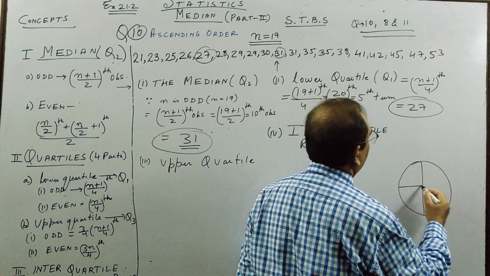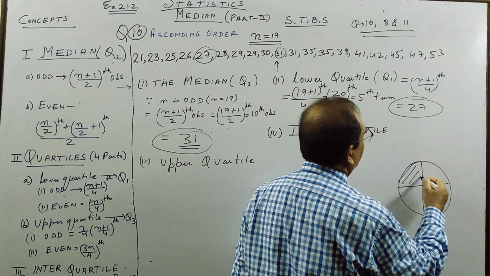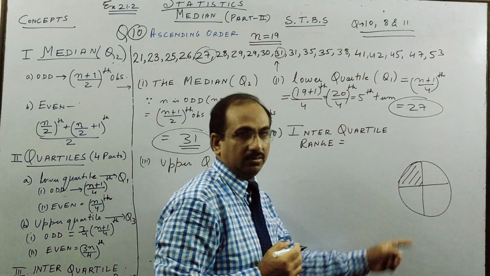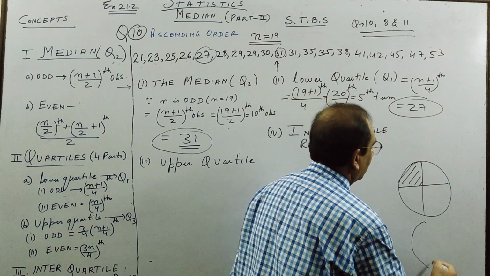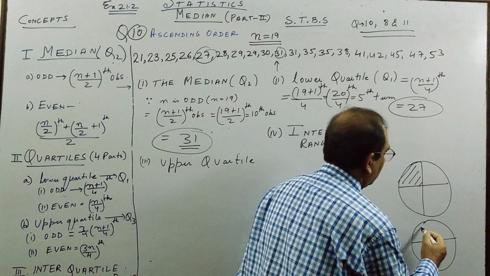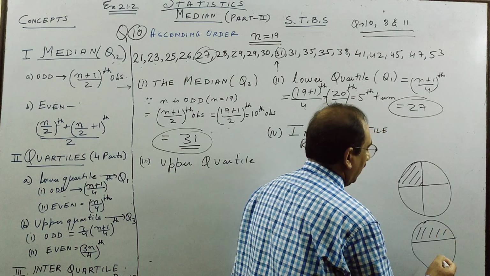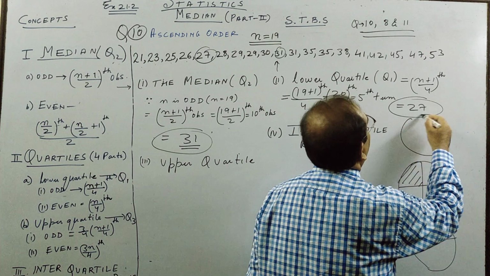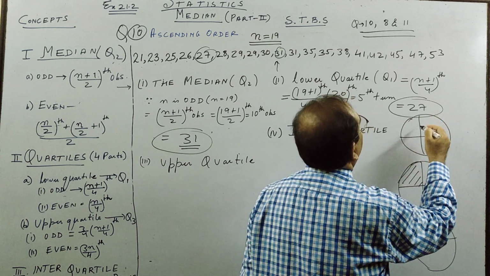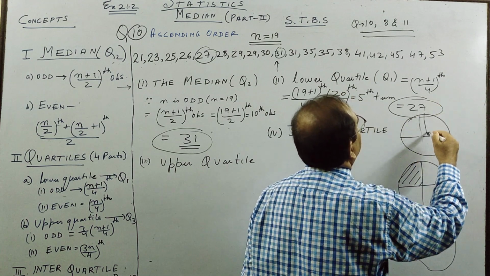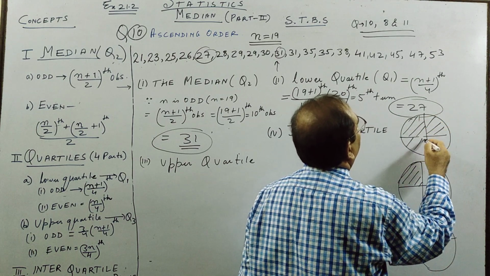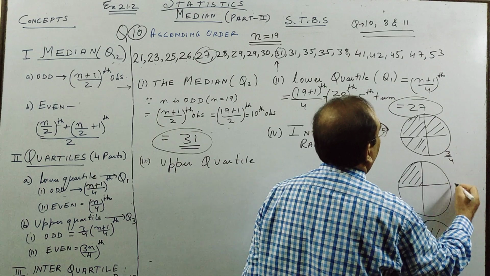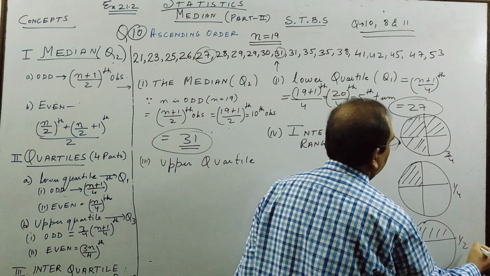This is half, this is 1/4, this is 1/4, this is half, and this is 3/4. 3 out of 4. So this is 1/4, 1/4, 1/4. This is 3/4, this is 1/4, this is half.